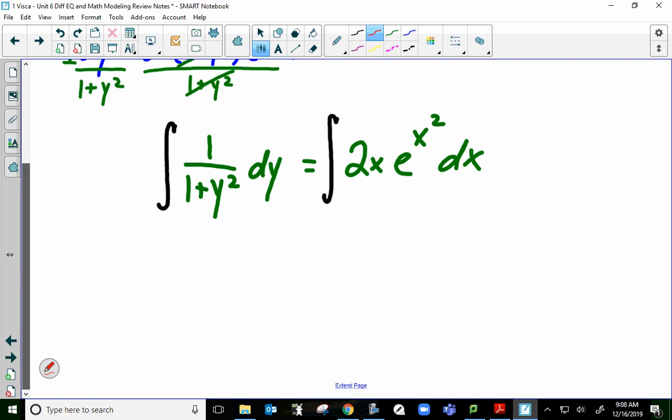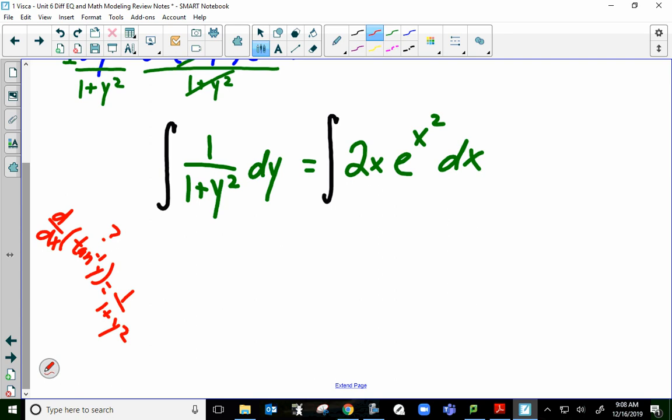If you remember your trig rules, the derivative of what equals 1 over 1 plus y squared? The derivative of the inverse of tan.